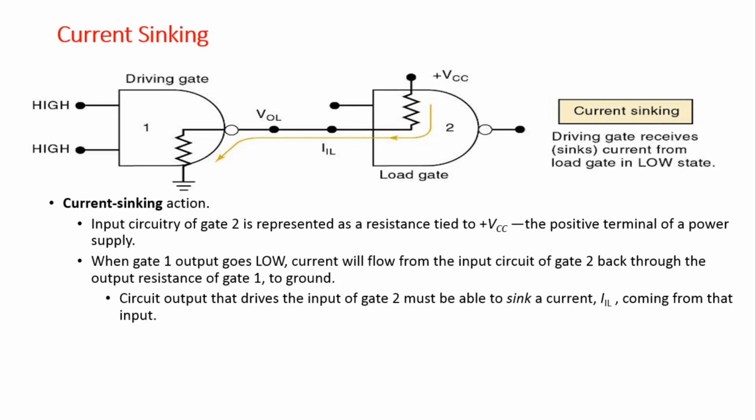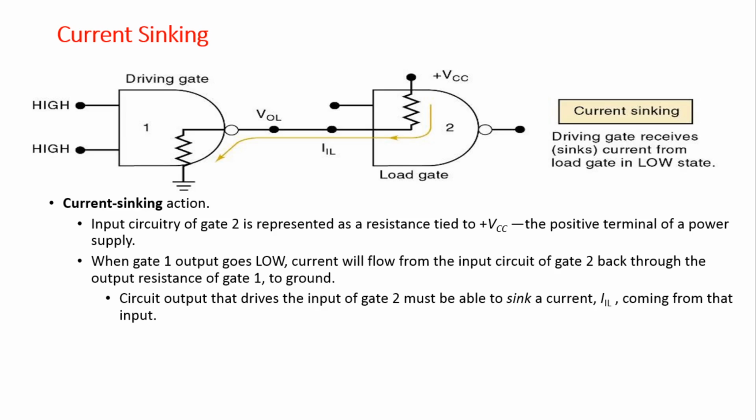Current sinking. Here the current sinking action is that the input circuitry of gate 2 is represented as a resistance tied to VCC, the positive terminal of a power supply. When the gate 1 output goes low, the current will flow from the input circuit of gate 2 back through the output resistance of gate 1 to ground.